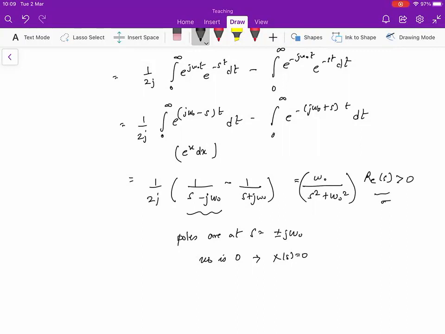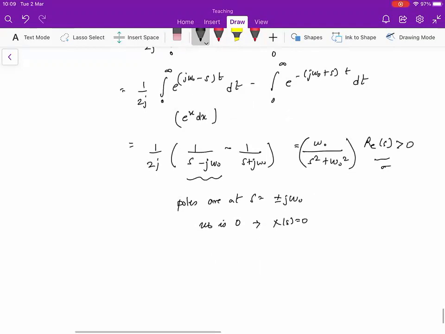Does that clarify things? So there is no zero then, right? Because a zero is only a value of s. That's right. So there is no value of s for which the transform is 0. Can we say that there are infinite zeros when omega naught is 0? Yeah, you can say that.